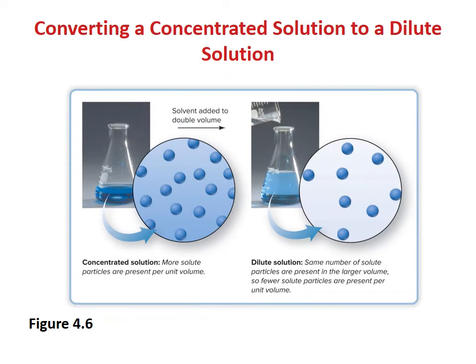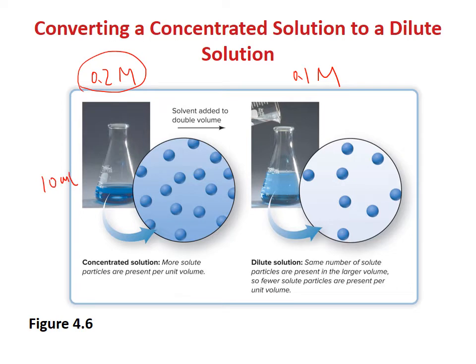Sometimes we want to convert a concentrated solution to a dilute solution. For example, suppose we have a solution concentration 0.2 molarity, but in a particular experiment, we only need 0.1 molarity. So how can we do that? Well, we can measure a certain volume of the concentrated solution, for example, 10 milliliter.